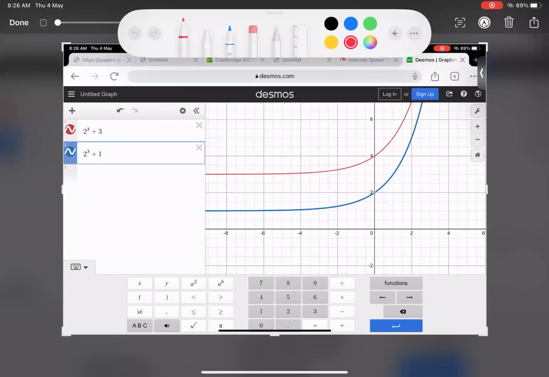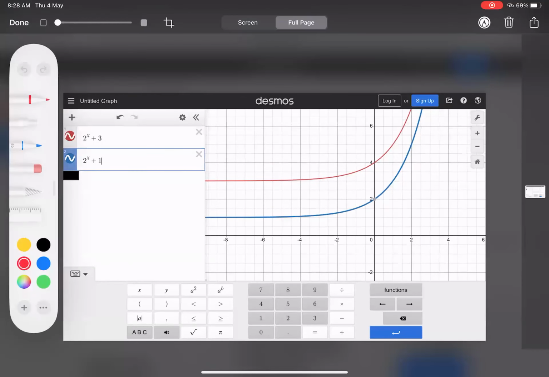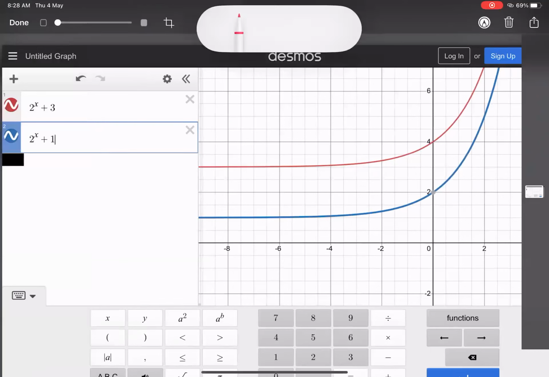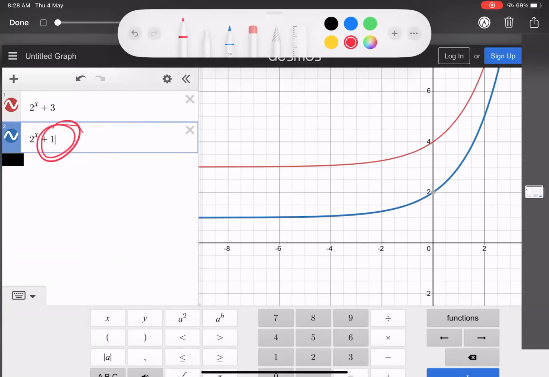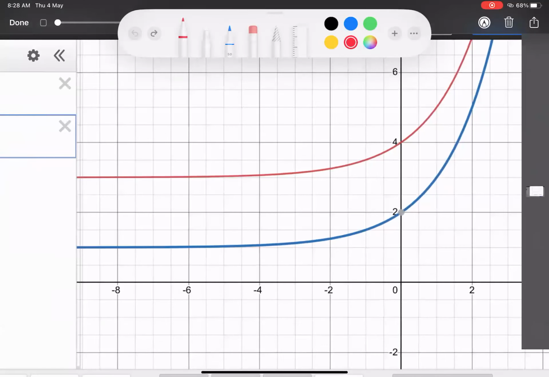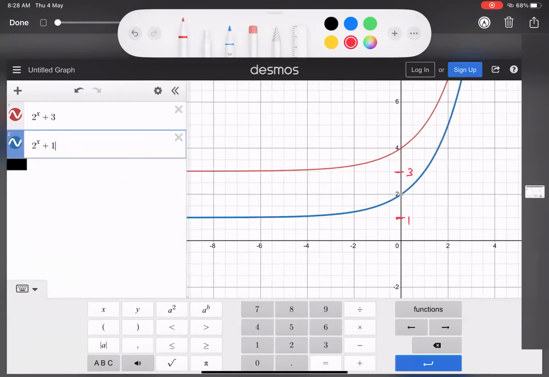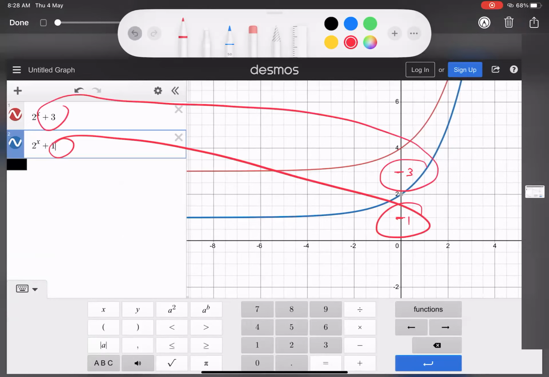So look at this, students. I'm going to show you now what the asymptote is. This number 1, because look here, this is a 0, this is a 2. I show this is 1, and this is 3. This 1 comes from here, and this 3 comes from here.